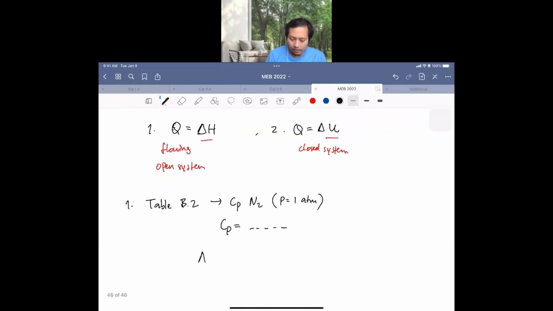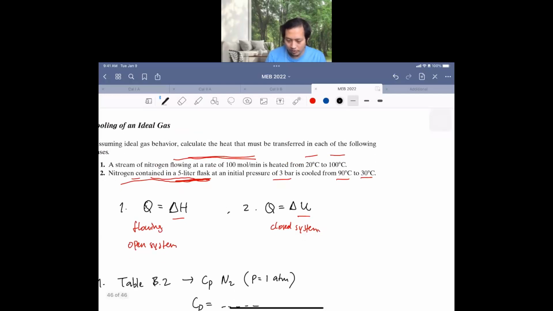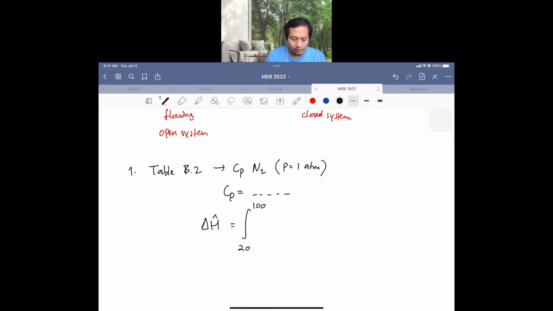We can now find the enthalpy, from T1 of 20 to 100, integral of Cp dT, and solve through calculators.